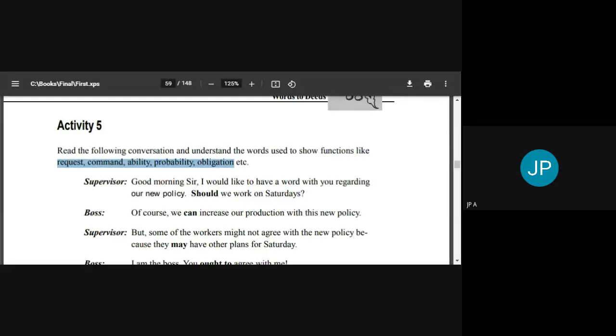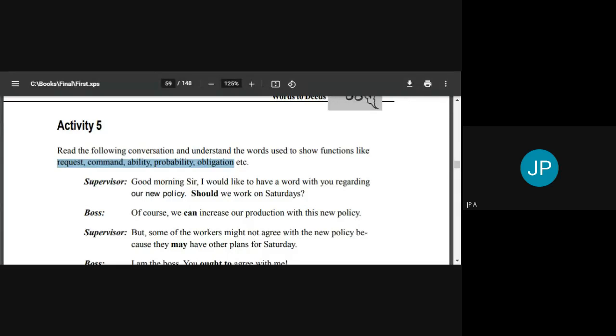So many people have responded in the chat box. Surya, Sia, Rajalakshmi, Krishna, Shrishma. Very good. It is possibility or probability, which is indicated by this can here. So the same word can have different functions in different sentences.